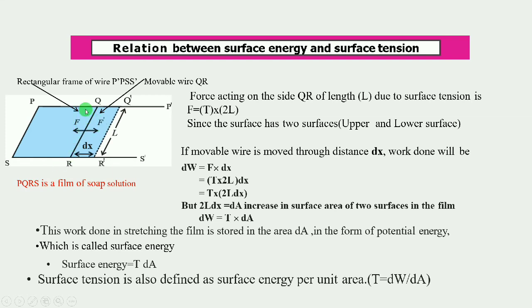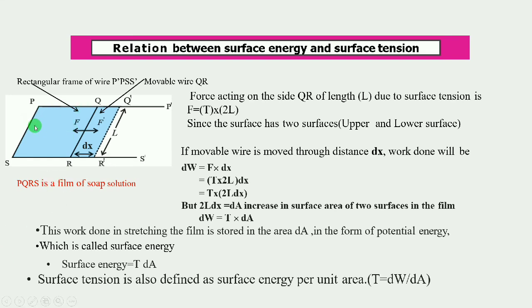We will dip this rectangular frame in a soap solution and take it out. So what will happen? A soap film is made on it. Suppose, because of the surface tension of the soap film, the force acting on QR is F. What is the property of surface tension?